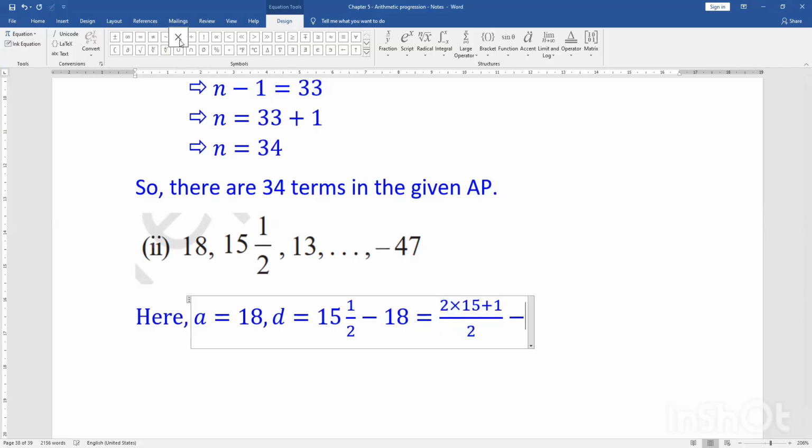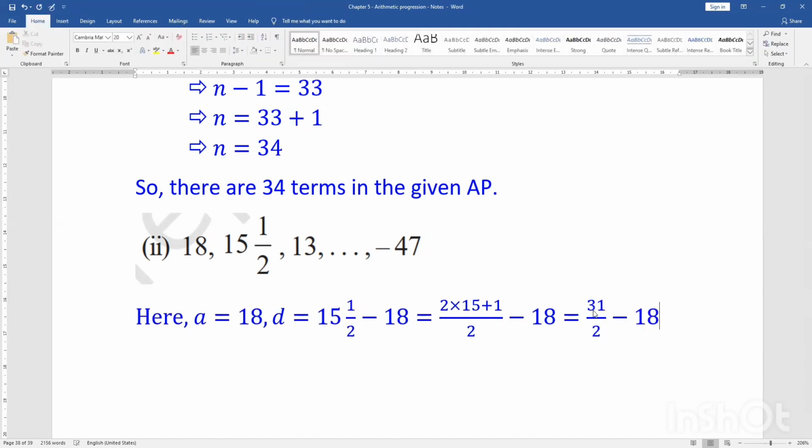Minus 18, okay? And then it is nothing but, 2 15s are 30, 30 plus 1 is 31 by 2, correct? So I get 31 by 2 minus 18.